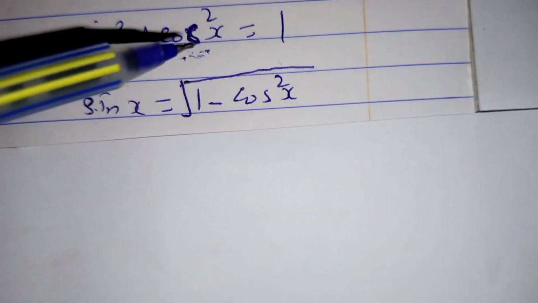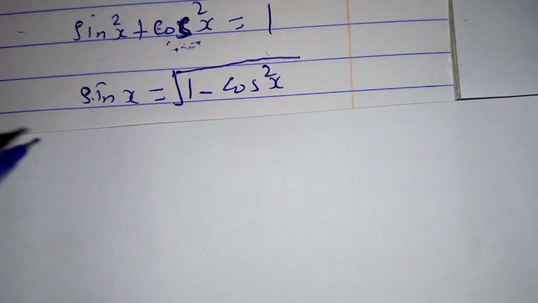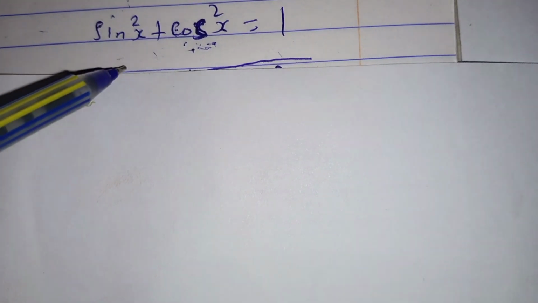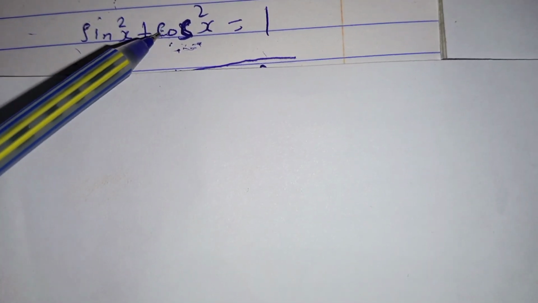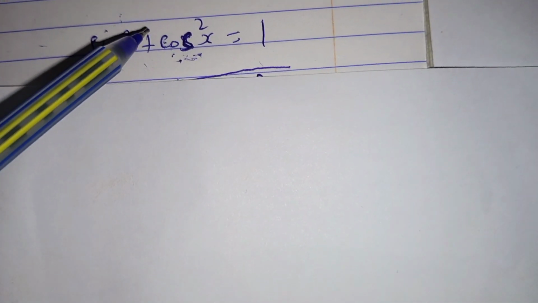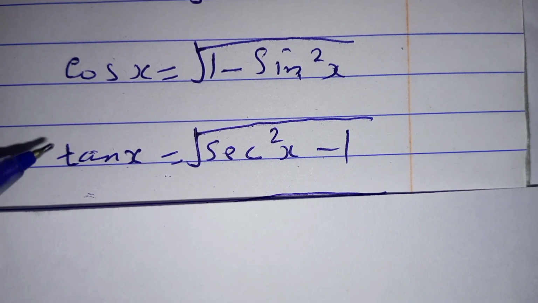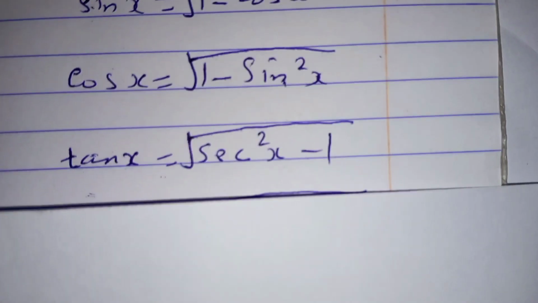That is another formula which can be derived from this. From this formula, we can also subtract sin squared both sides and take the square root to obtain cos x as equal to square root of 1 minus sin squared x.